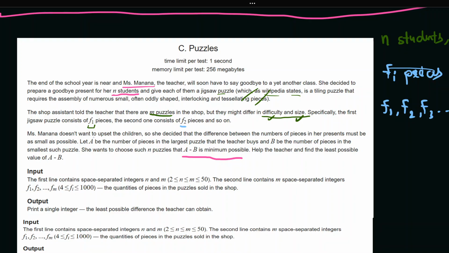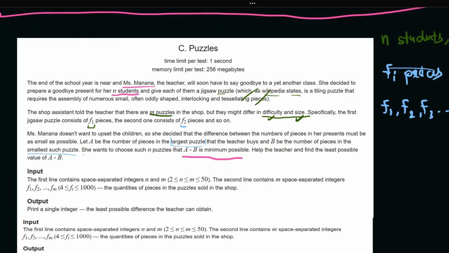Mrs. Manana doesn't want to upset these children. So she decided that the difference between the number of pieces in her presents must be as small as possible. Let A be the number of pieces in the largest puzzle that the teacher buys, and B the number of pieces in the smallest puzzle.